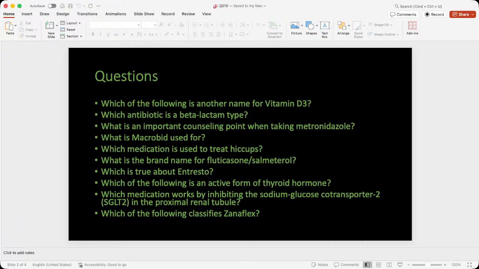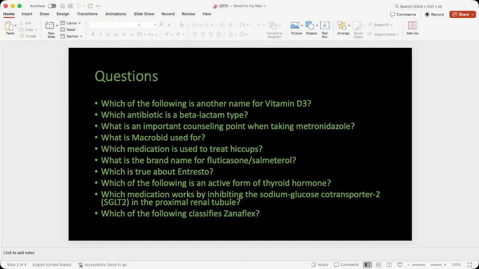But the most important one, if there was a multiple choice question here, is definitely avoiding alcohol while on metronidazole. Make sure you understand that as a standout counseling point, and let your patients know to avoid alcohol while on metronidazole.